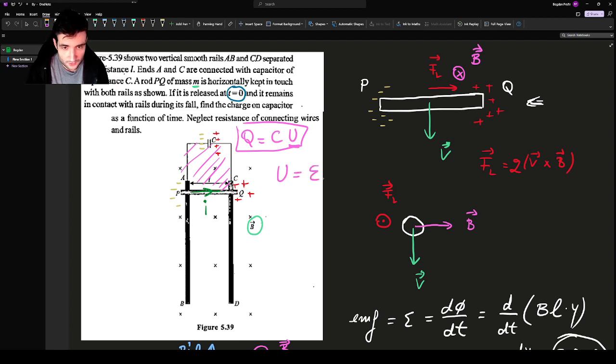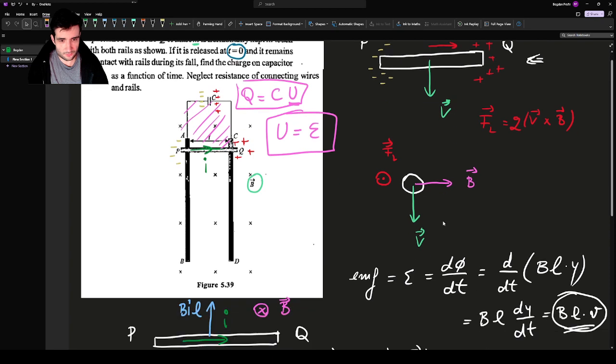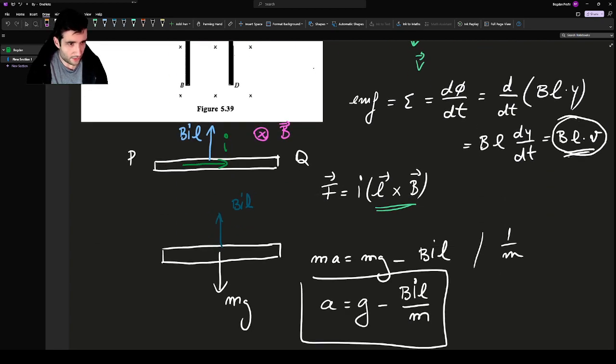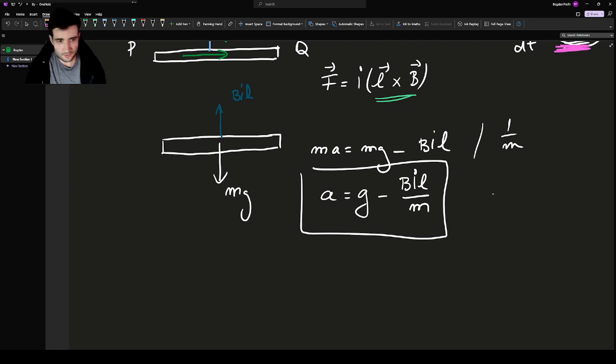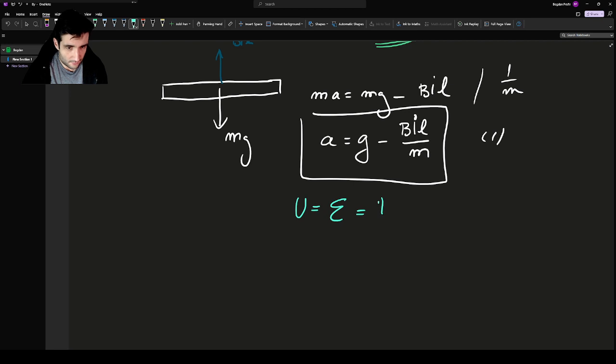So all the EMF will go into the potential difference across the capacitor. So we have the EMF right here. So let's call this equation 1. And then equation 2 will be the fact that our U is going to be the same as the EMF, which is the same as B times L times V.